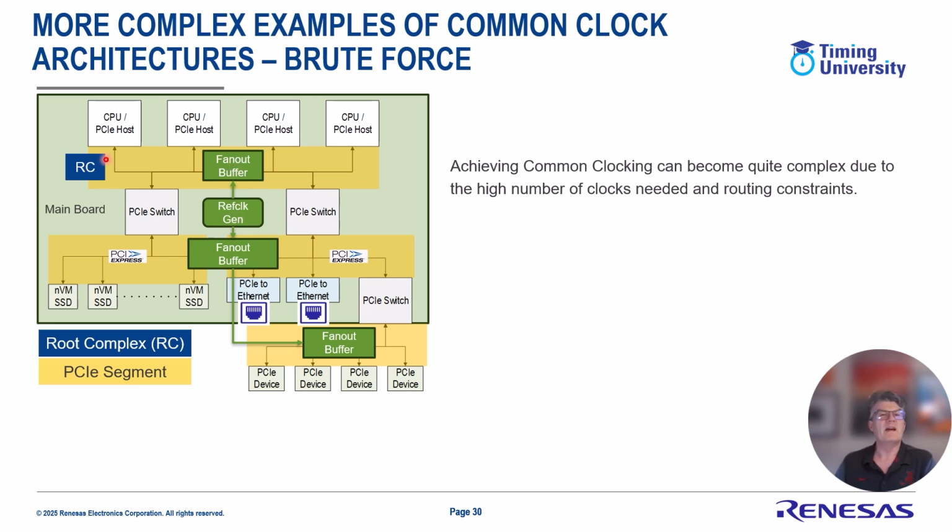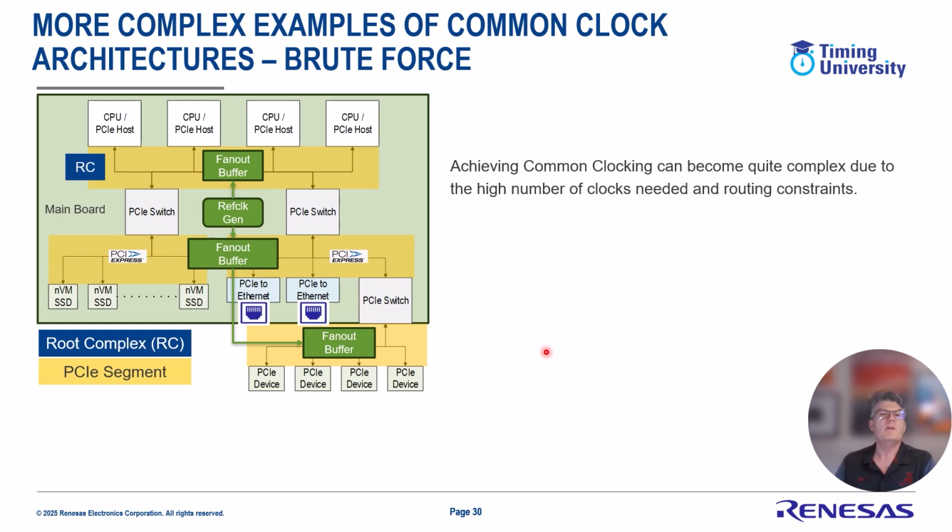And we would have a fan-out buffer for this segment, a fan-out buffer down here, probably a larger number of outputs, and then a fan-out buffer fed by this fan-out buffer to get to these devices down here. So that's kind of hard to do in a large system. You've got a lot of clocks to run. The distances become prohibitive, and it's kind of complicated.